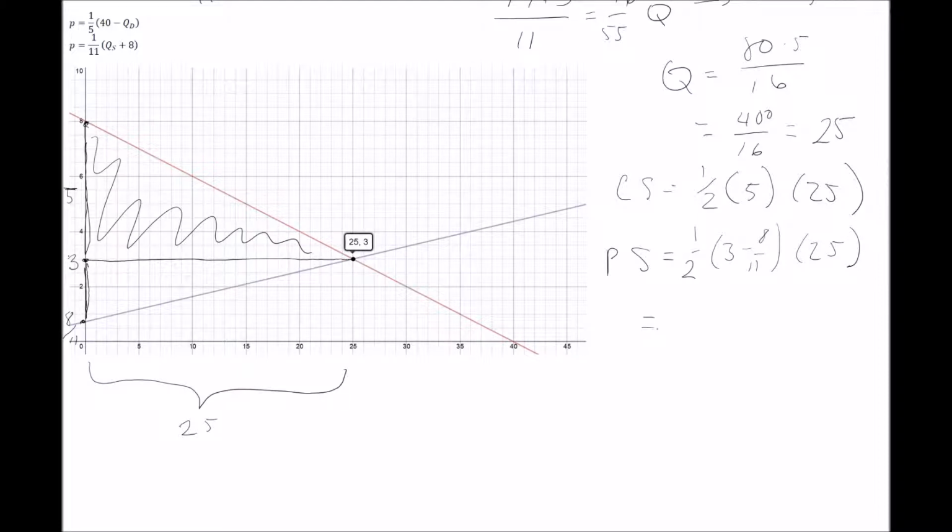Just working that through, I get 25 over 2 times 3 minus 8/11, so it'll be 33 minus 8 over 11, and 33 minus 8 gives me 25 over 11, and I get 25 squared over 22. And I'm done. I've successfully found the producer surplus and the consumer surplus using the areas of the two triangles.